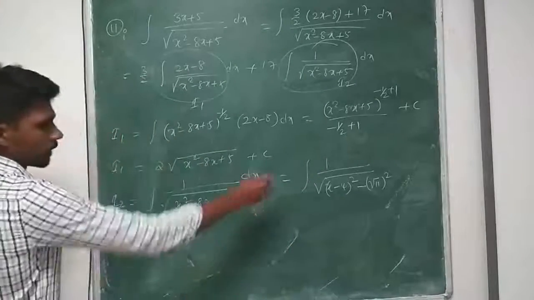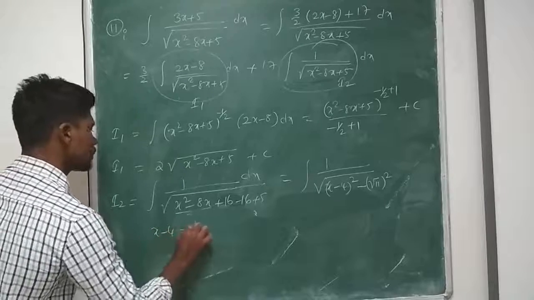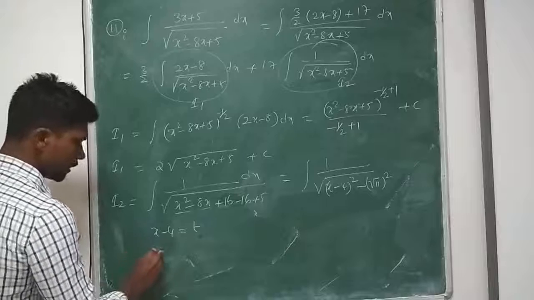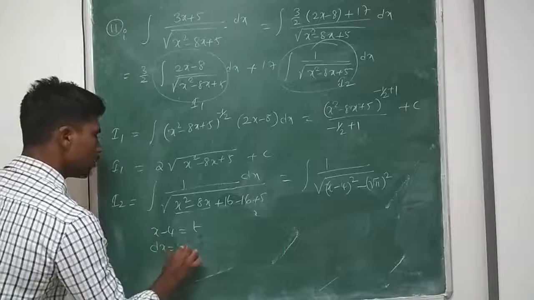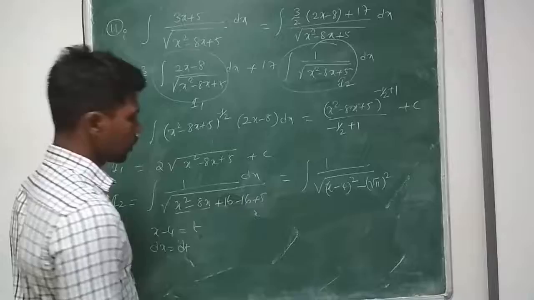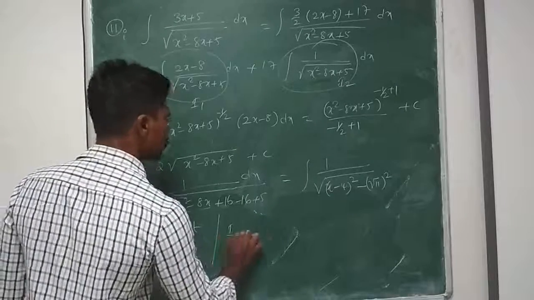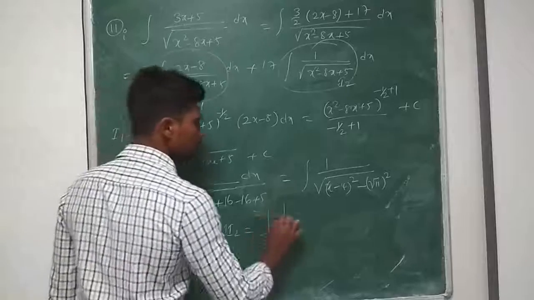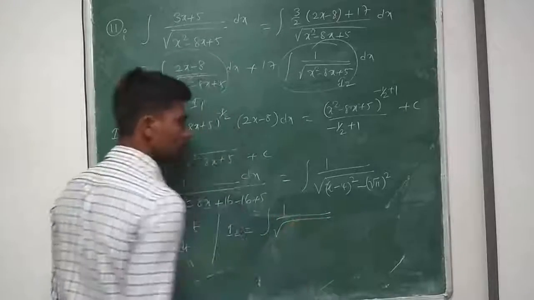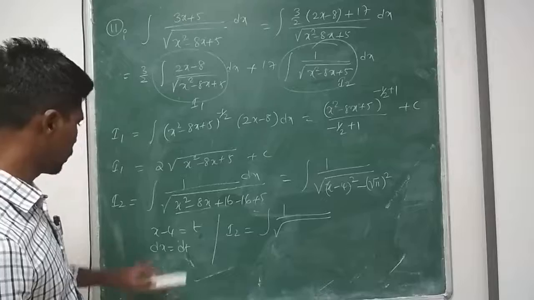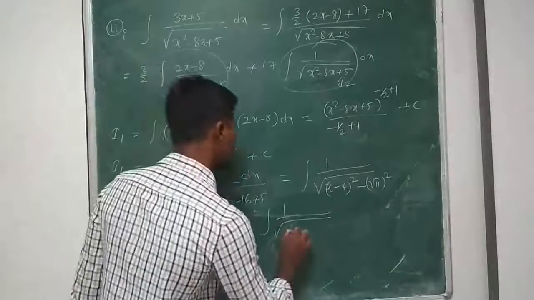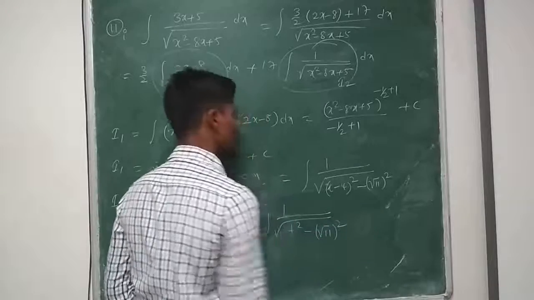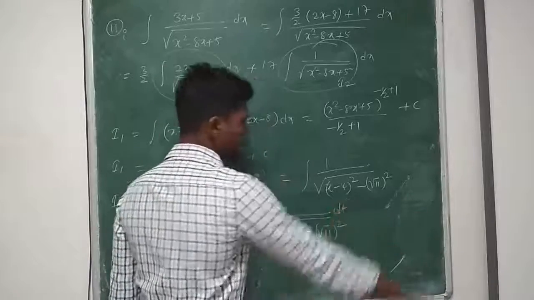Now consider x minus 4 as t. If x minus 4 as t, dx will be equal to dt. So now I2 can be rewritten as integral 1 by square root of x minus 4 is t. So t square minus root 11 whole square dt.